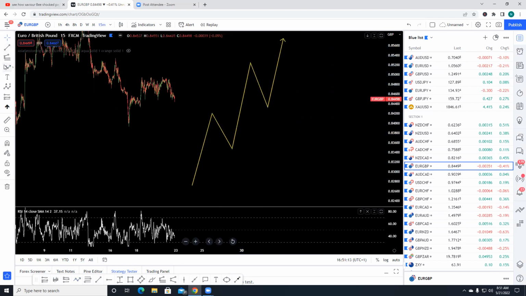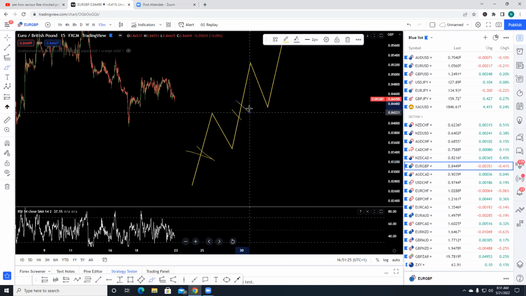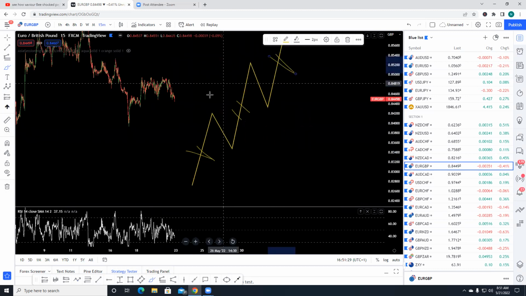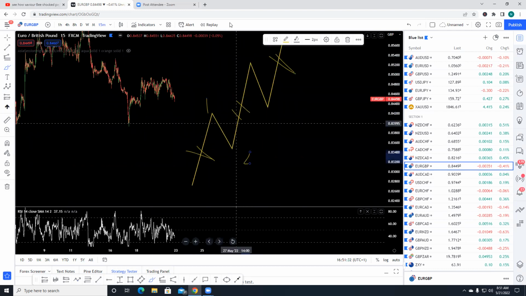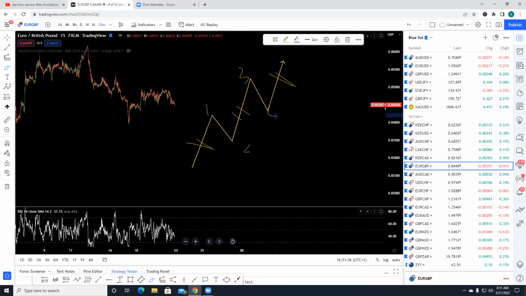Can you see? Since I have told you that zigzag is a corrective structure, and within these waves here, this is a push in the direction of the trend, this is a push in the direction of the trend. So within an impulse, which is a 5-wave structure, 1, 2, 3, 4, and 5, only wave 1, wave 3, and wave 5 are in the direction of the trend, which is upside.